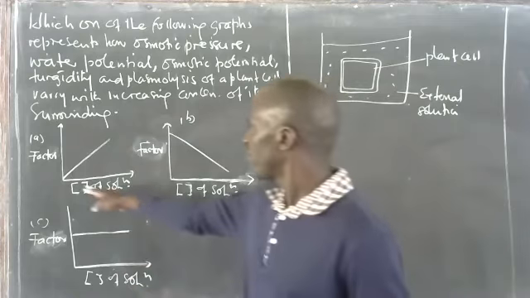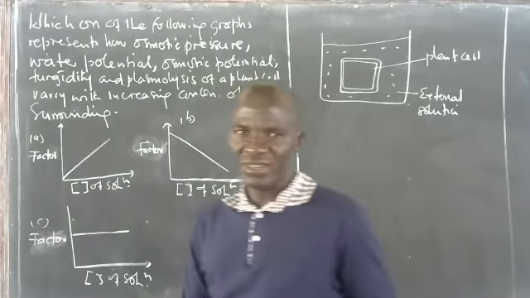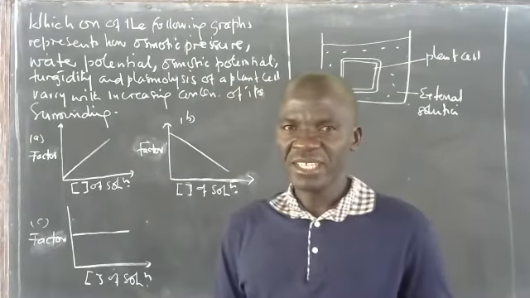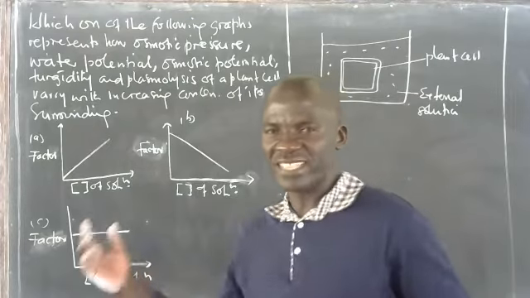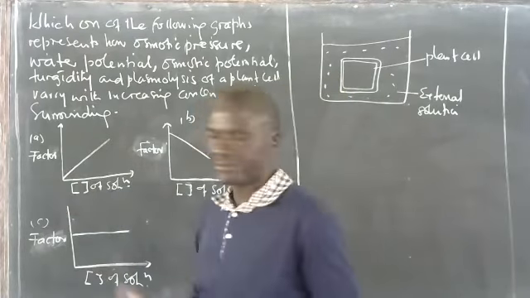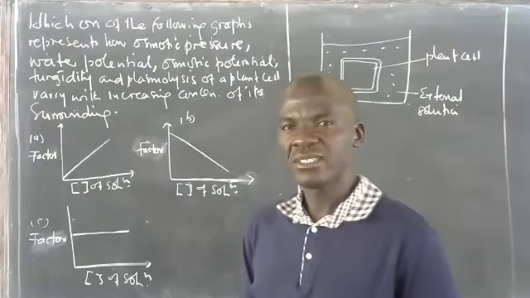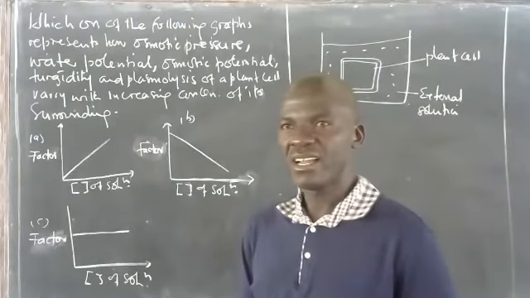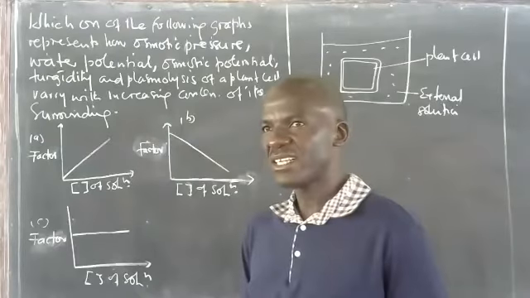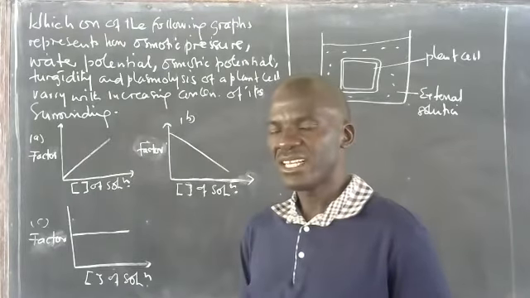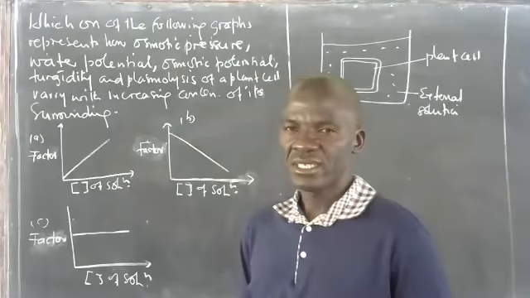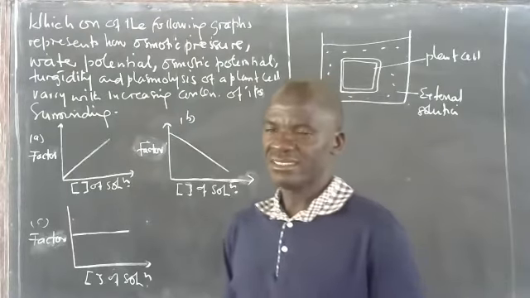That's why here on the graph I put factor without specifying. That means it can be any factor. It can be pressure potential, osmotic pressure, water potential, turgidity.